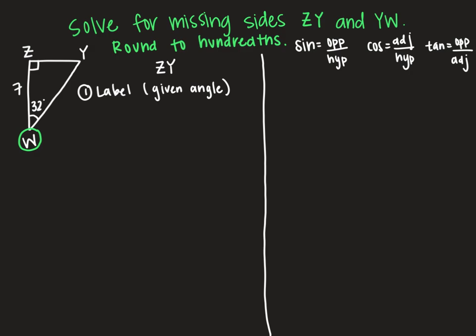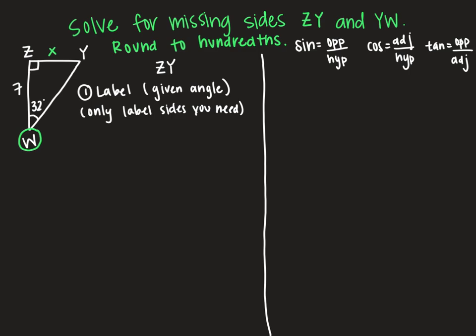Also, what I think is going to help is if we only label the sides you need. It'll help you figure out which trig function to use. Okay, so since we're finding zy, we're going to label that x, because that's the side that we need.